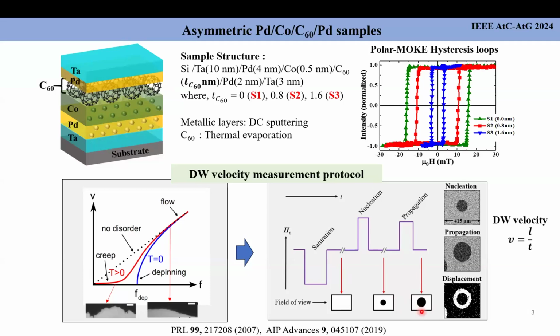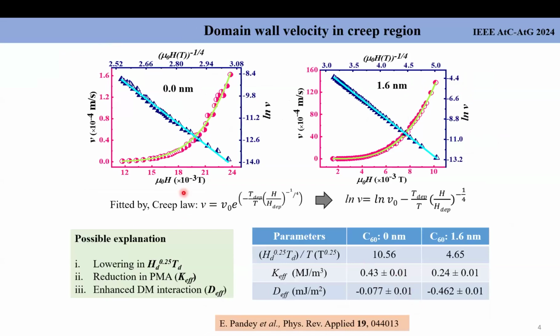We have performed this domain wall velocity measurement for both samples, with C60 0 and 1.6 nanometer. Interestingly, if you look at the y-axis, in comparison to the 0 nanometer sample, the 1.6 nanometer sample has a two-order increment in the domain wall velocity.